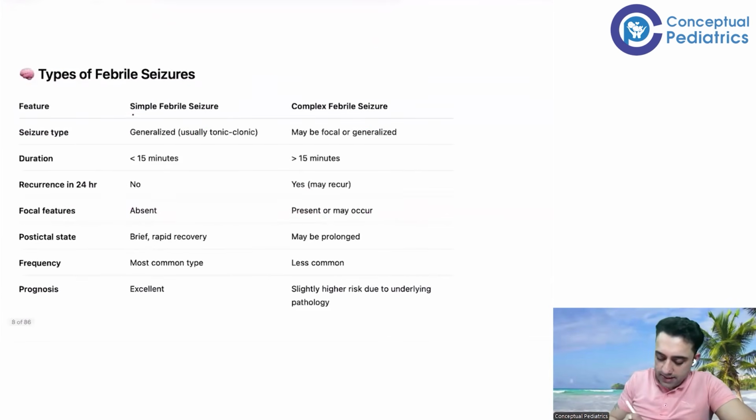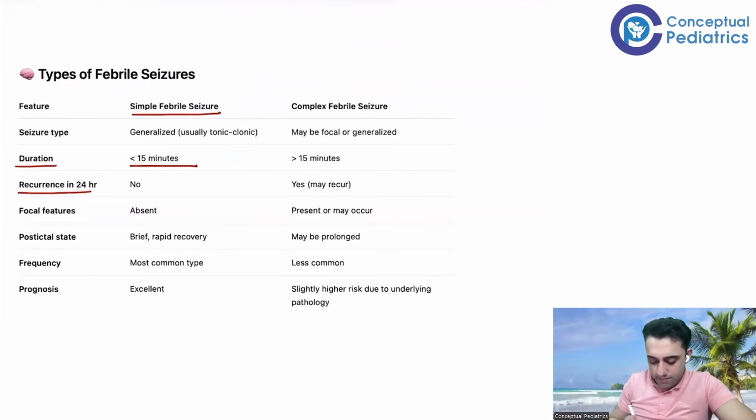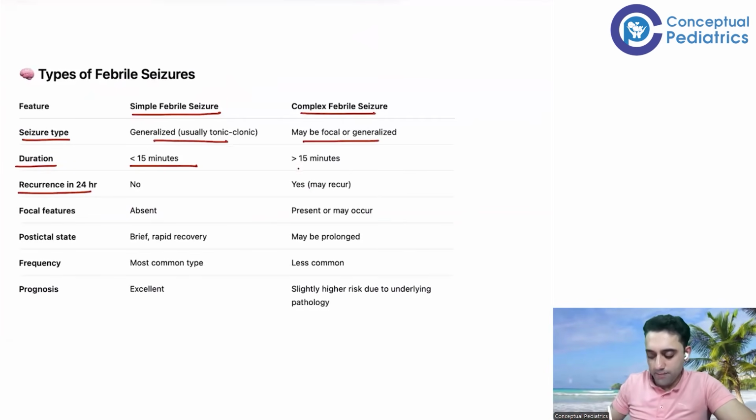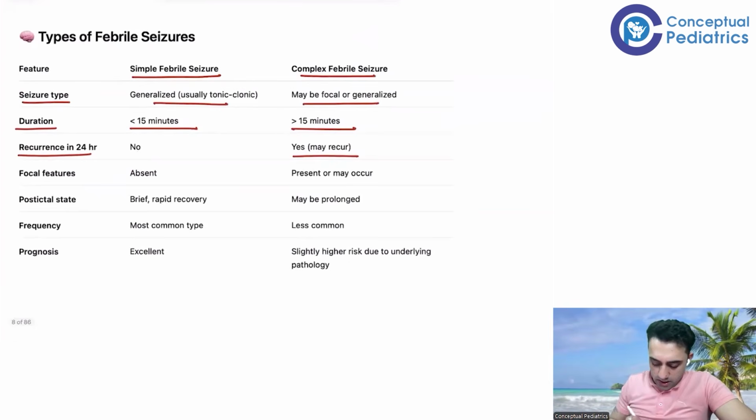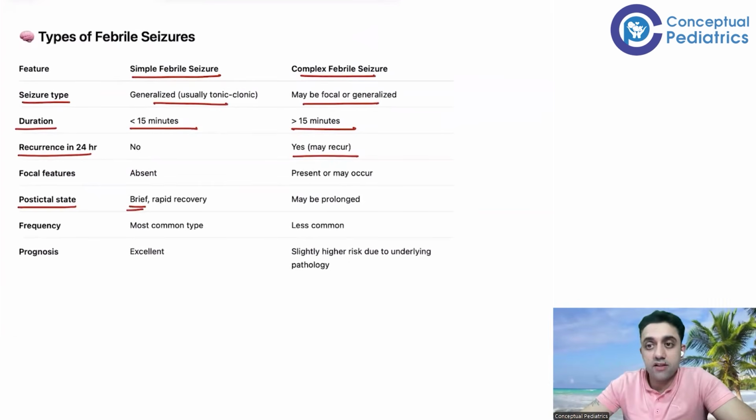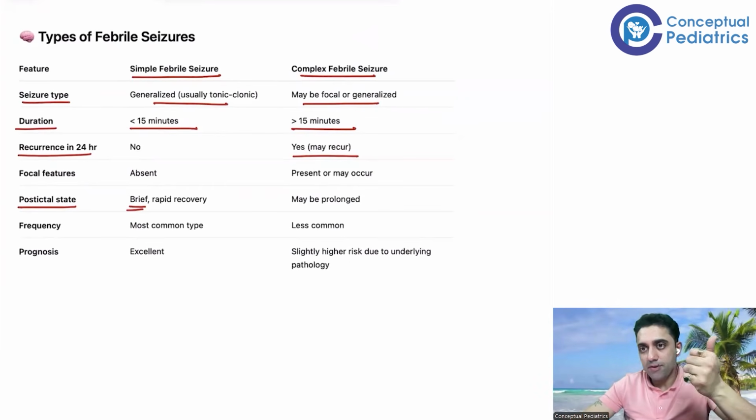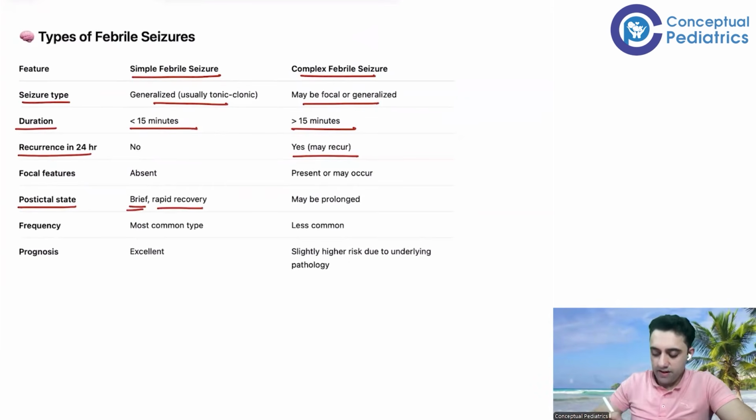Okay, so I'll repeat again. Simple febrile seizure happens for less than 15 minutes, once in 24 hours, and is usually a generalized tonic-clonic seizure. Complex febrile seizures are focal, happen for more than 15 minutes, and can happen multiple times in a day. Very importantly, the post-ictal state, meaning after the seizure activity, is a little brief with rapid recovery in simple febrile seizure, whereas in complex febrile seizure it may be prolonged.